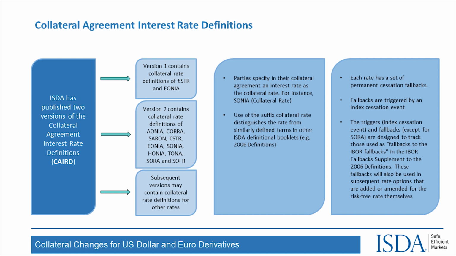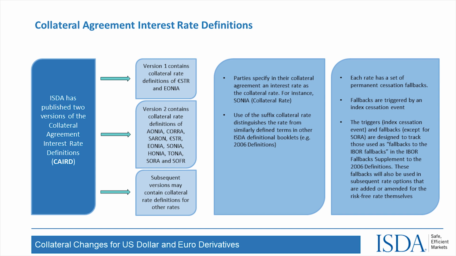Now that suffix of collateral rate is important. It not only taps into the definition in the CARDs, but it distinguishes that definition and all the other operative provisions which go with it from any other definition of SONIA, for example, a definition of SONIA in the 2006 definitions.